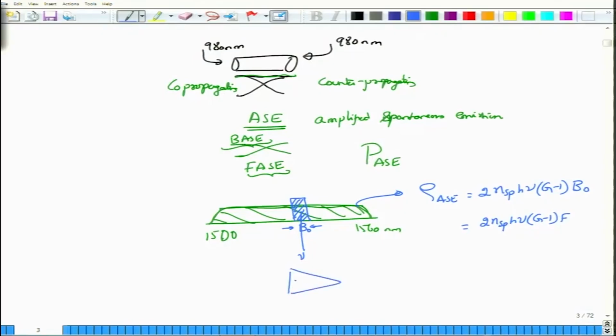If you look at any amplifier, you might have some input signal to noise ratio at the input side, and then a signal to noise ratio at the output side. Usually it turns out that because amplifiers add their own noise, the signal to noise ratio worsens, and how much it worsens is given by the noise figure or the noise factor.